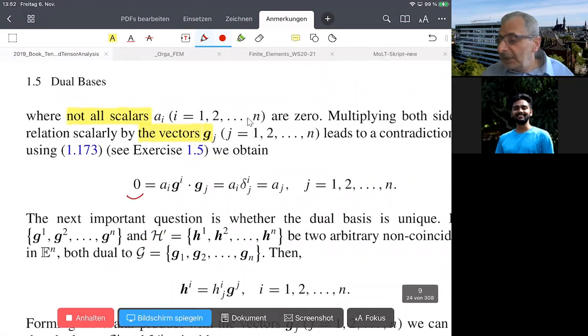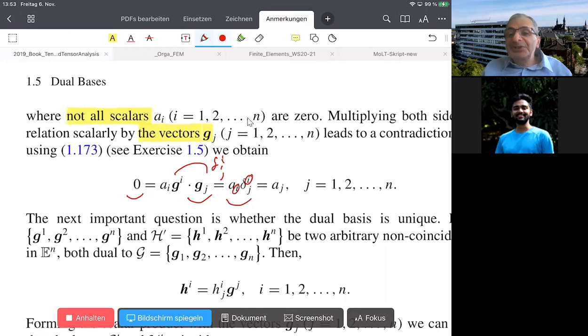It is zero. If we multiply this expression by these original vectors gj, but gi above and gj, these vectors are dual, which means that the scalar product is Kronecker delta. And what we get, ai delta ij, and again we have the same trick, where we have a sum over i, you see.